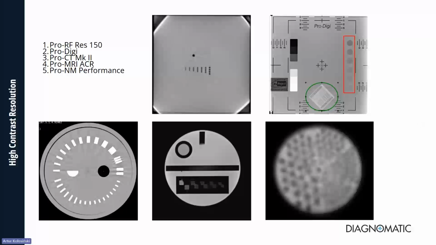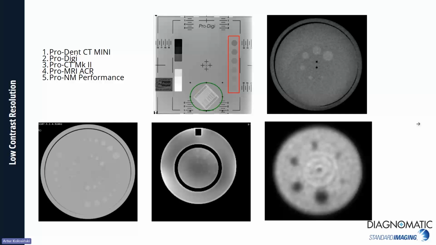For the contrast resolution, we usually have pairs of lines in the radiographic phantom, and sandwiches of pairs of lines in the CT phantom. In MRI, we have dots that we try to distinguish, which determines what the resolution is.